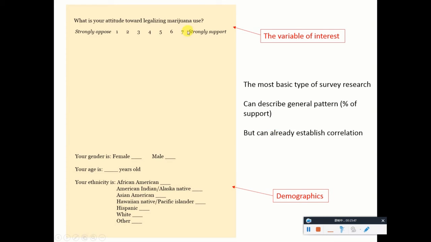But beyond describing general patterns, we can already start to establish correlations because now we have one variable. This is a second variable, right? A third variable and a fourth variable. And this is obviously a categorical variable, right? Because the values of this variable are discrete.